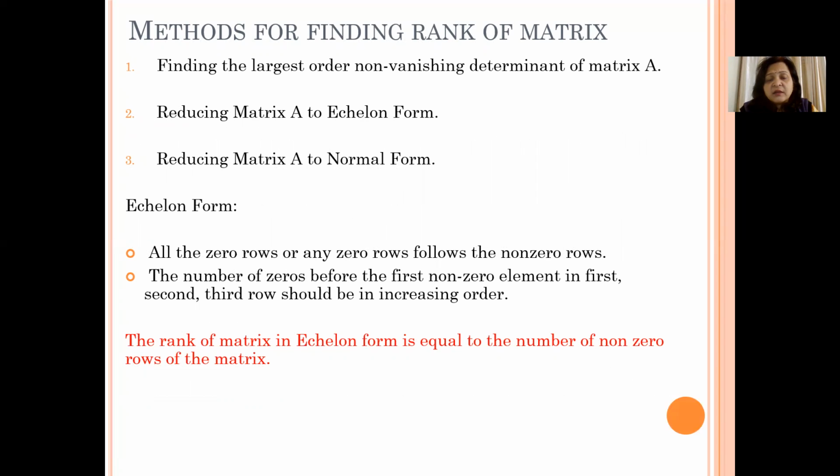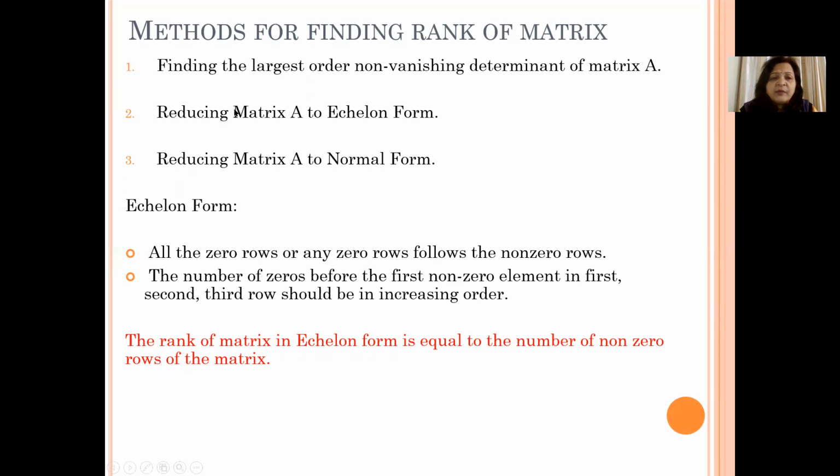Now there are mainly three methods to find the rank of matrix. First, that is to find the largest order non-vanishing determinant of matrix A, that I have shown you in the first example. But this method is very tedious if we have a higher order matrix or a matrix with more complex terms.